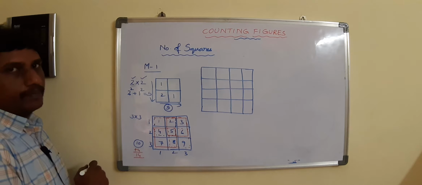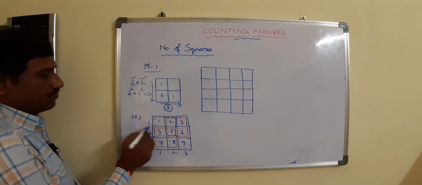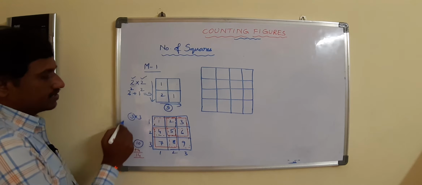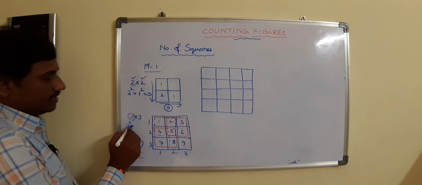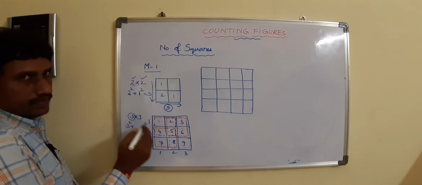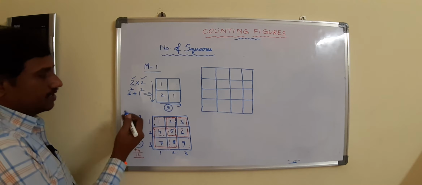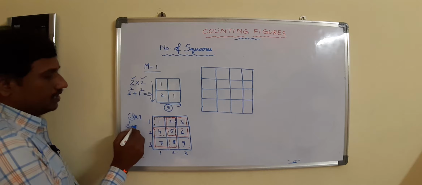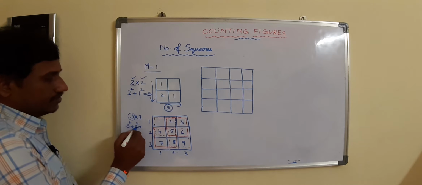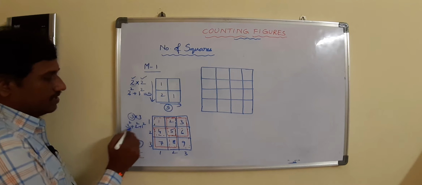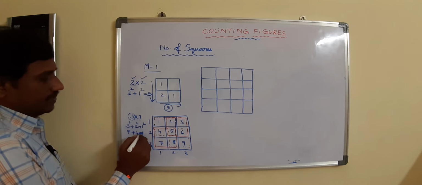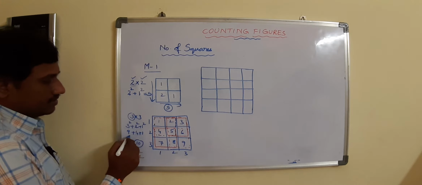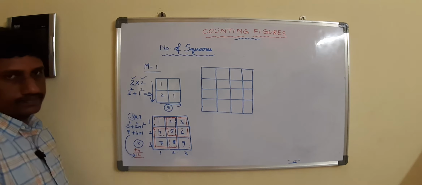To find the total number, simply take the square of that 3, means 3 into 3, 3 square, plus the previous numbers: reduce 3 by 1 means 2, then 2 square, and again reduce 2 by 1 and it's 1 square. 3 square is 9 plus 2 square is 4 plus 1 square is 1. 9 plus 1 is 10, 10 plus 4 is 14.